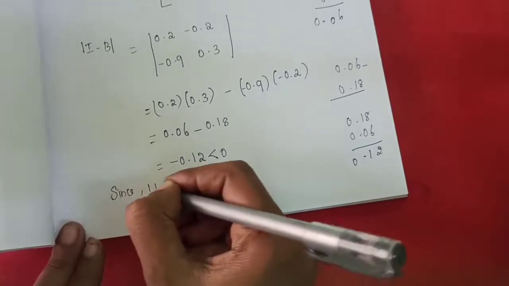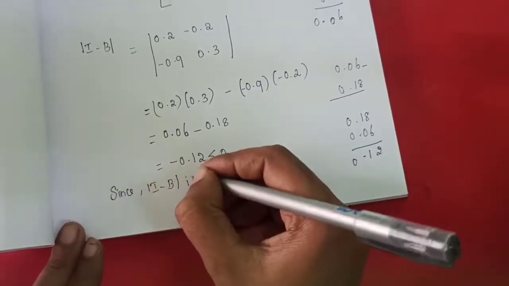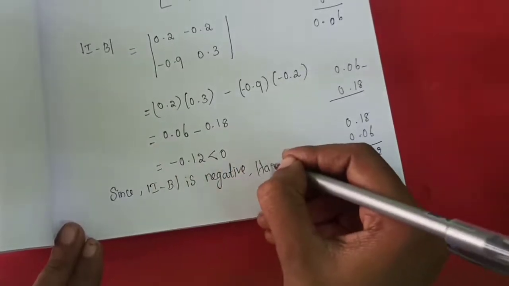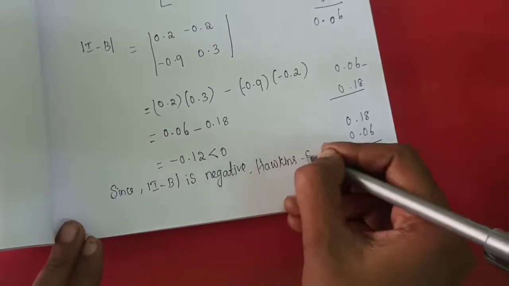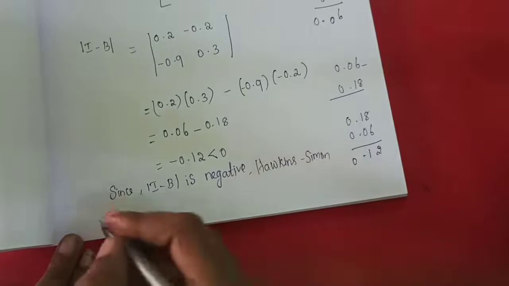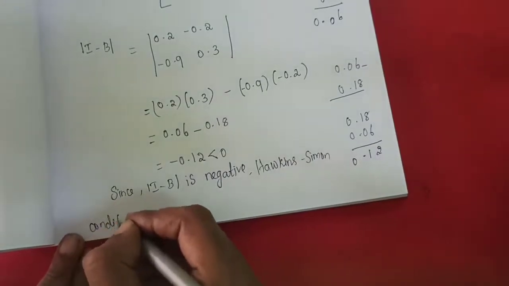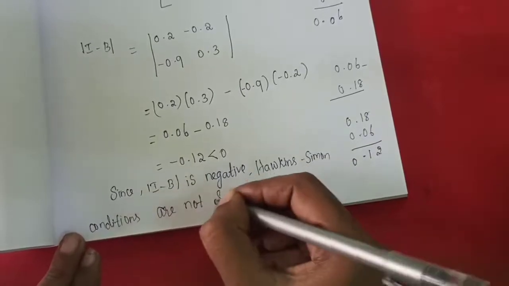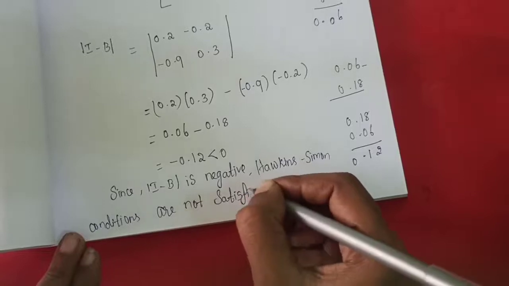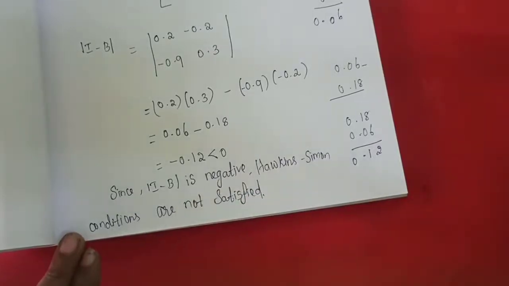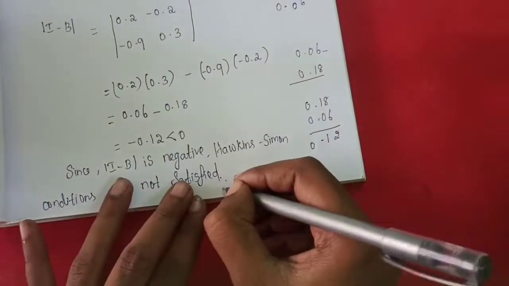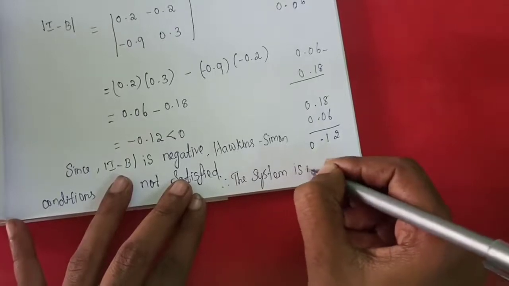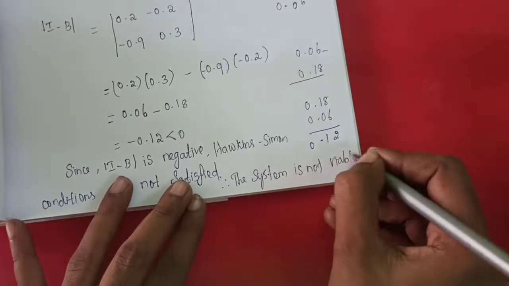Since the determinant of I minus B is negative, the Hawkins-Simon conditions are not satisfied. Therefore, is the system viable or not viable? Not viable. Is it right? Not viable.